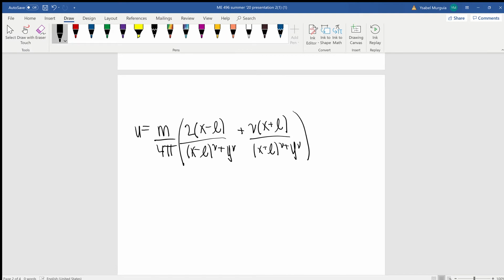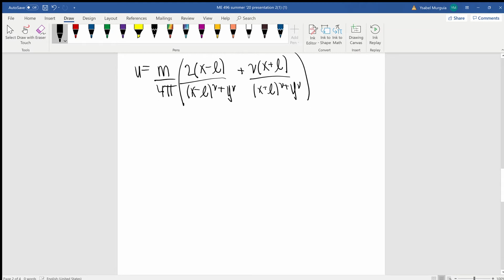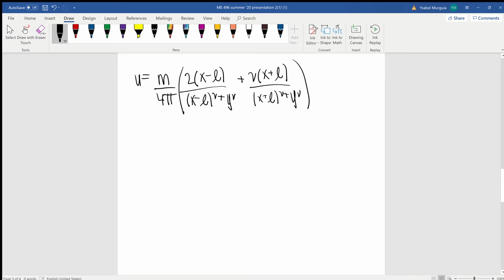And I did get that from taking the derivative with d dx of ln is equal to 1 over x. So I did use that when solving. Okay, so we have this defined for u.